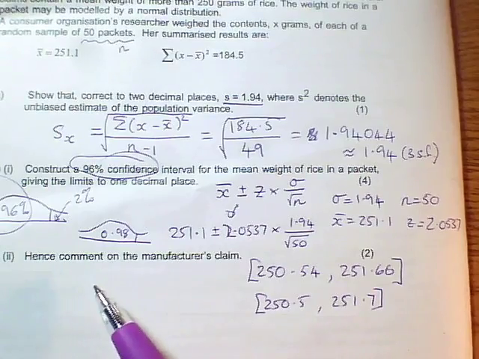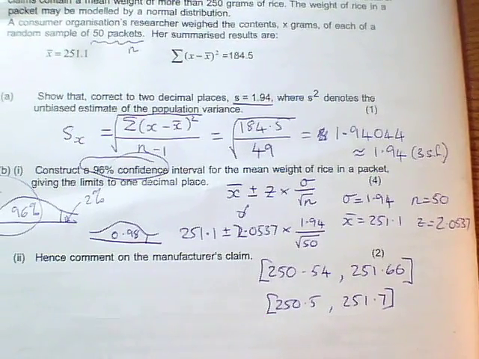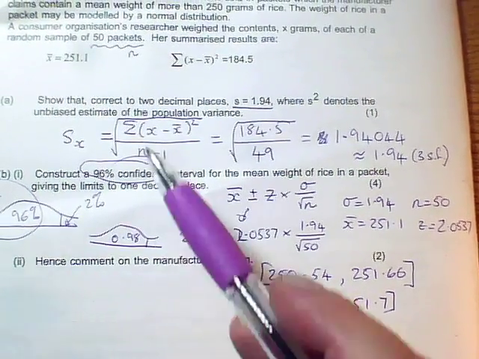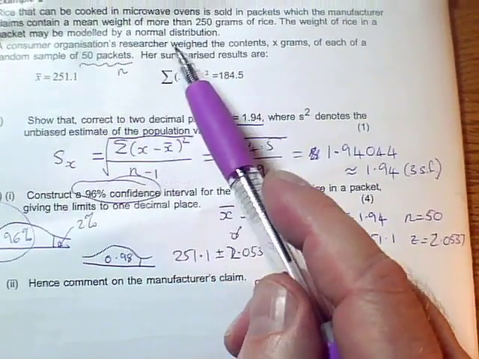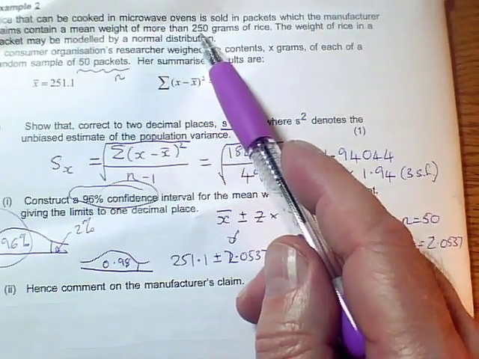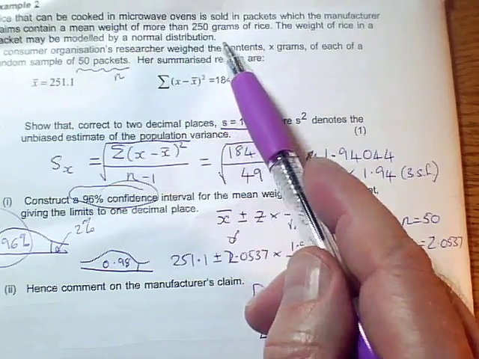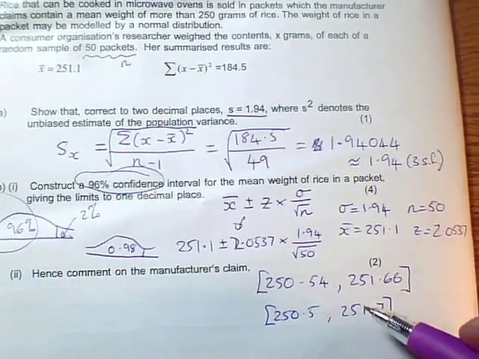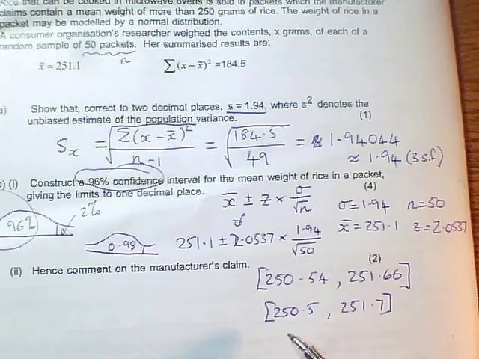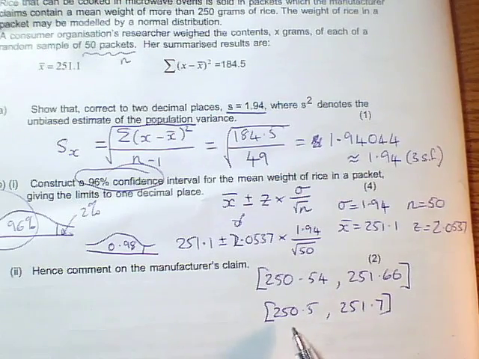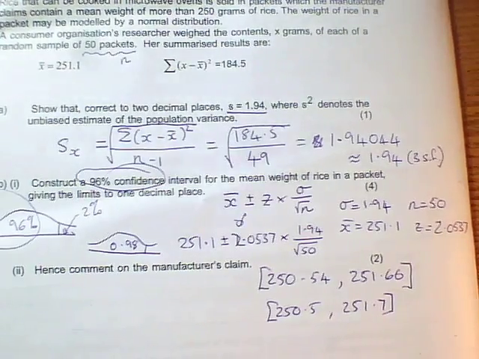Okay, and now I've got to comment on the manufacturer's claim. So the manufacturer is claiming that the real mean, the true mean of the distribution, is more than 250 grams. And my confidence interval actually only contains values greater than 250; the bottom of my confidence interval is 250.5.